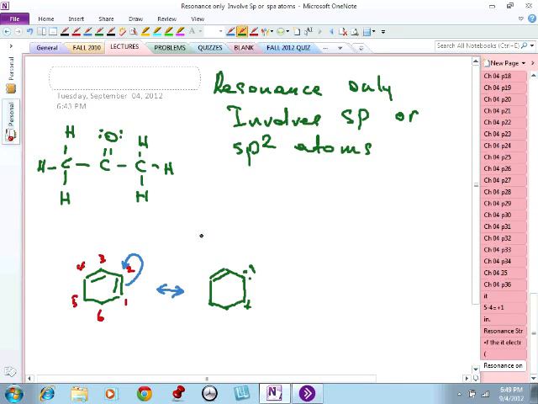Now, why don't we move the pi electron to carbon number 1? Can we do that? Would that be an acceptable resonance structure? Why not? All we're doing is moving a pi electron between the sp and the sp2 hybridized orbitals. Okay, so if we draw another resonance, keep in mind this is the symbol for resonance. And then I will draw this.